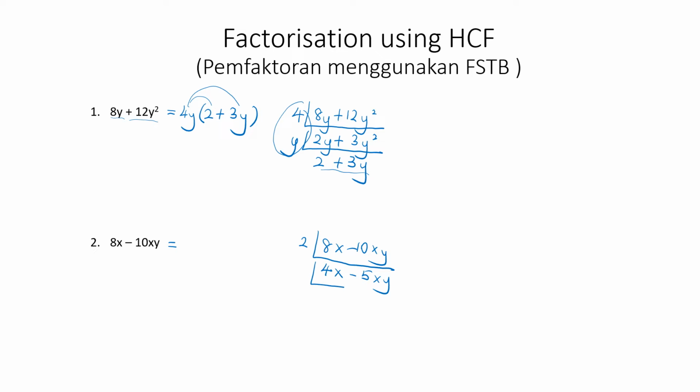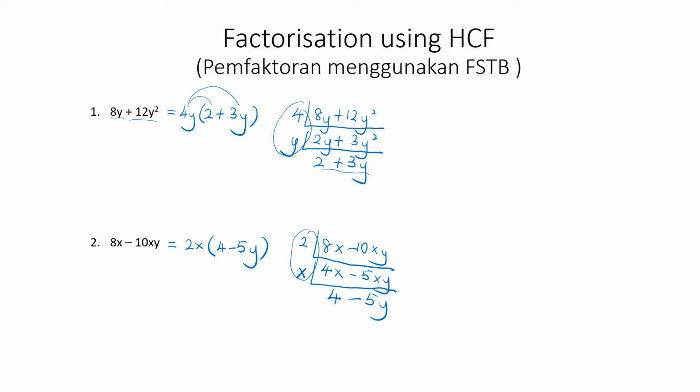And the common factor for these 2 terms, you can have x, then this is 4 minus 5y. So the highest common factor is 2x. And what is inside the bracket is 4 minus 5y.